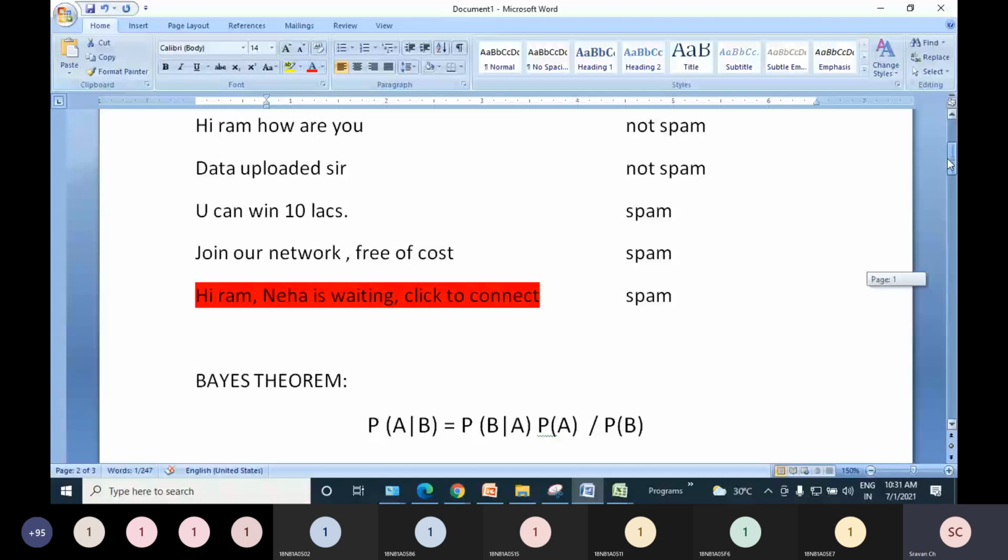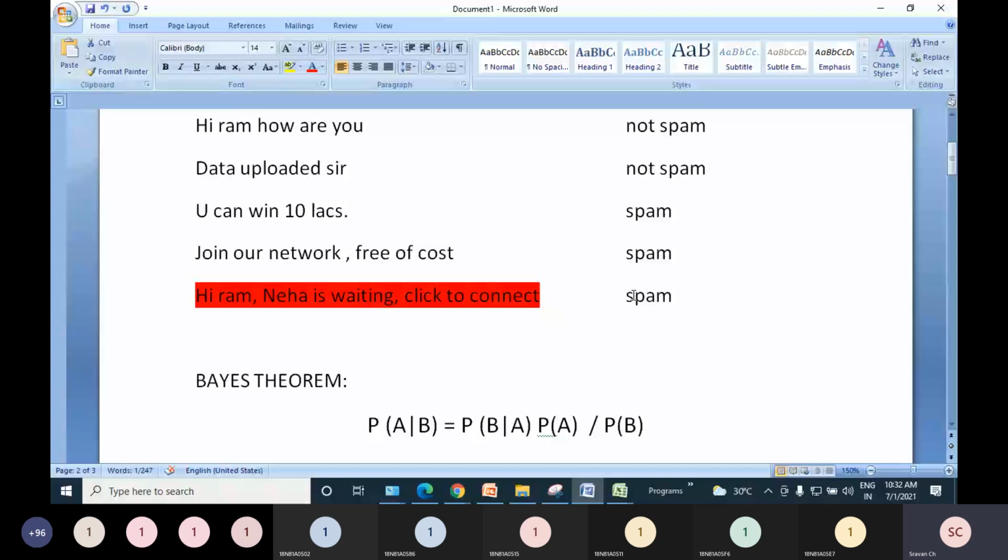So, are you coming, right? U is there, so again it will be 1 by 19, right? Are you coming? Coming is not there in these three records, so coming will also be zero probability. So again smoothing is done. Tomorrow is a word not present, so again smoothing will be done. So, Ram sir, are you coming tomorrow? There were six words.